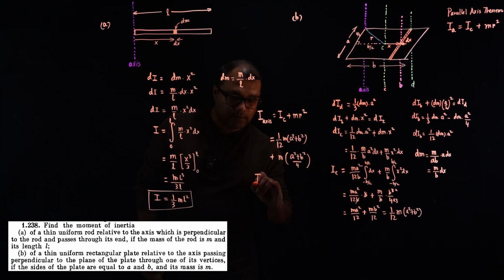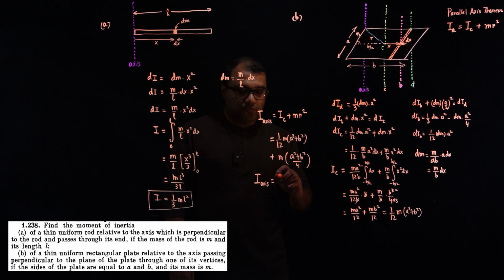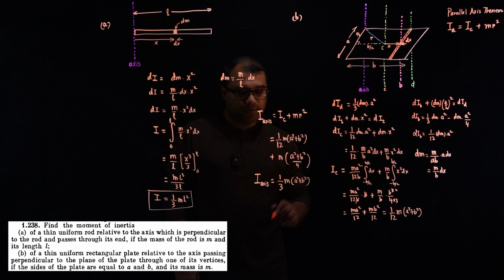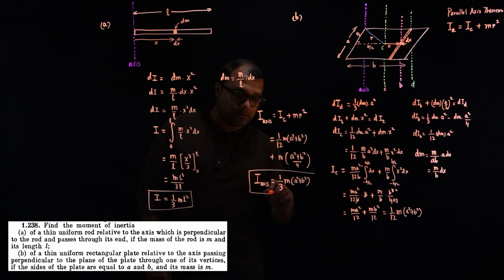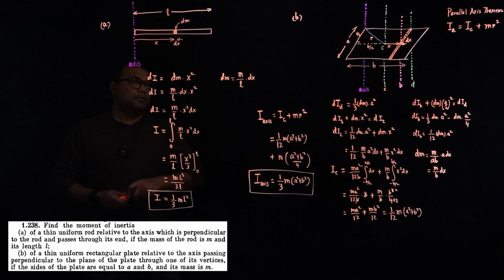So the net I about the axis will be 4 by 12, so 1/3 m (a square plus b square). So this is my solution.